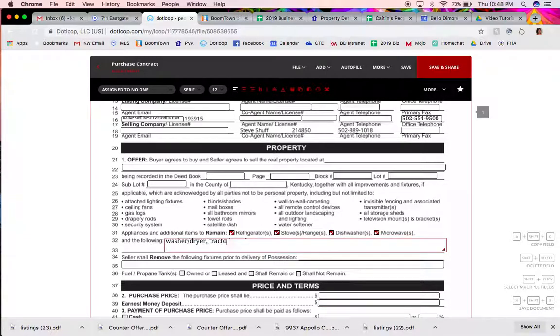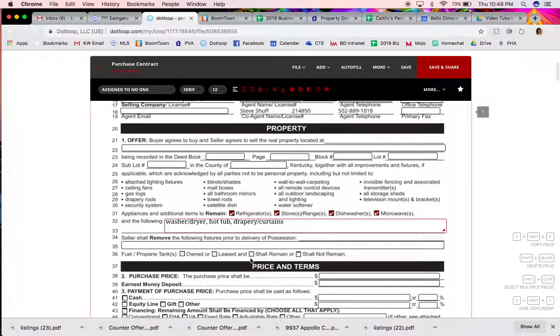So anything beyond, I would say that is about as extreme as you can get, with maybe drapery or curtains. That's about as far as I would go with personal property that isn't considered a fixture being written into the purchase contract. Anything above that you need to do in a separate document that stays away from the lender.